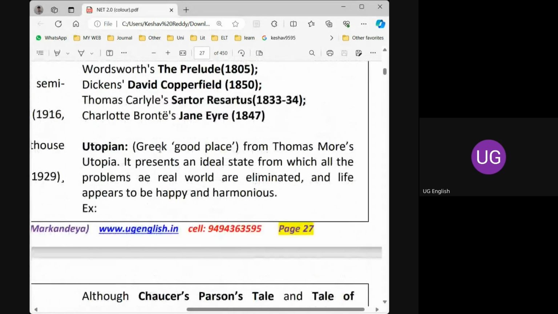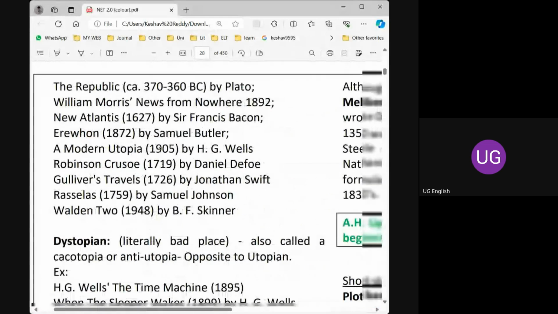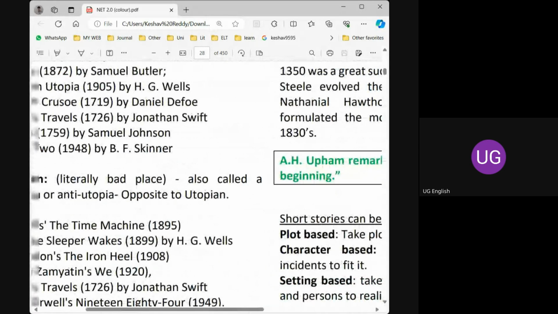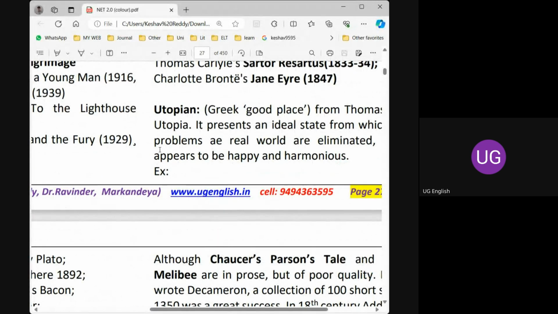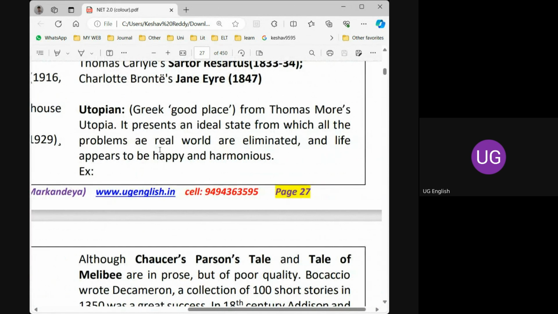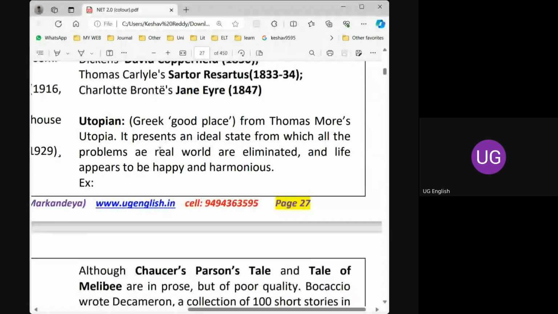So please, we also discussed the utopian world and dystopian world. Utopia means a good place, dystopia means a bad place. So the good place is always about the positive side of life, without any crime, without any problems. The ideal life, what we dream, even if it's not possible today.